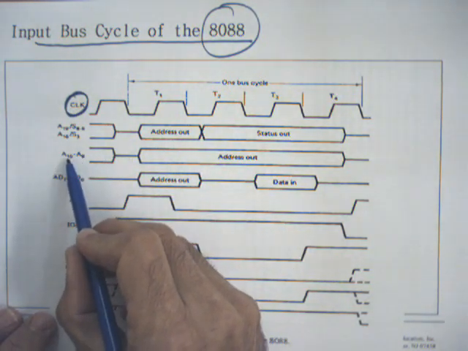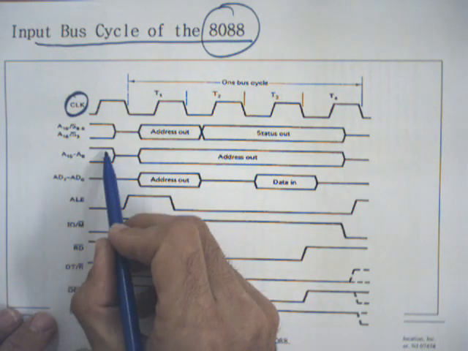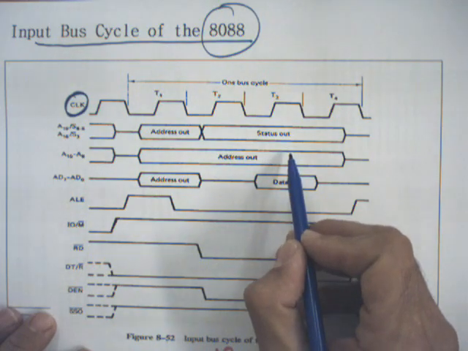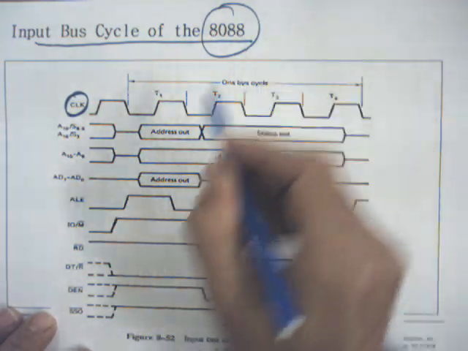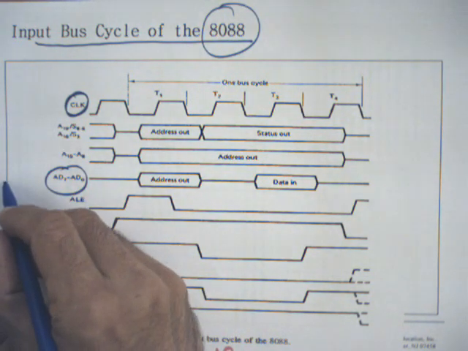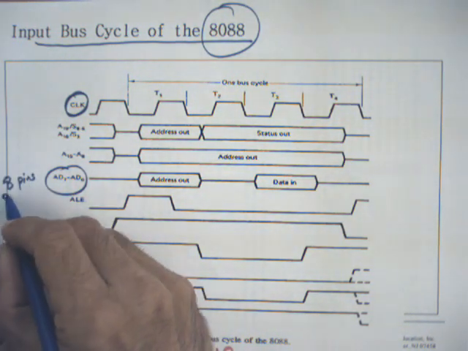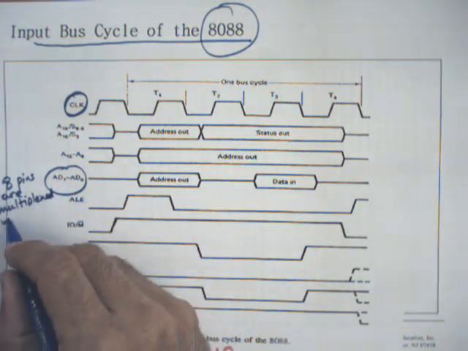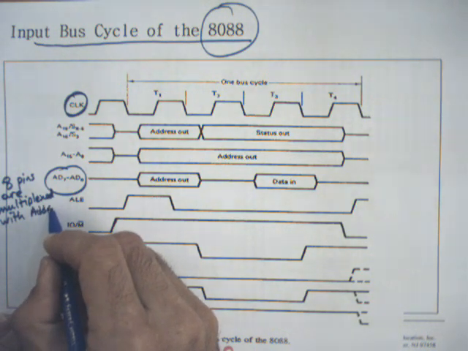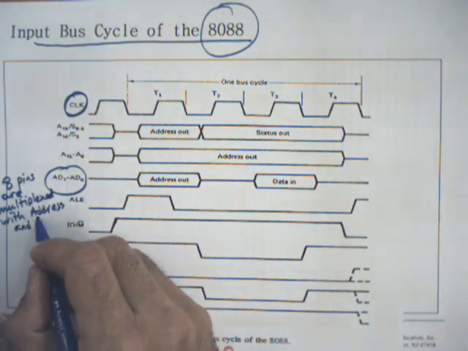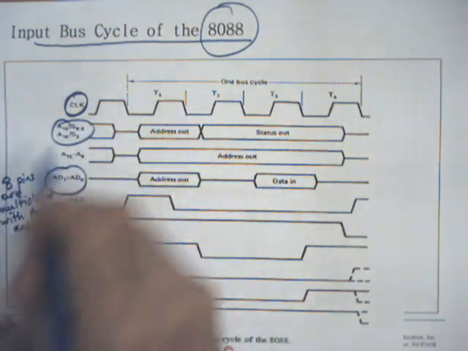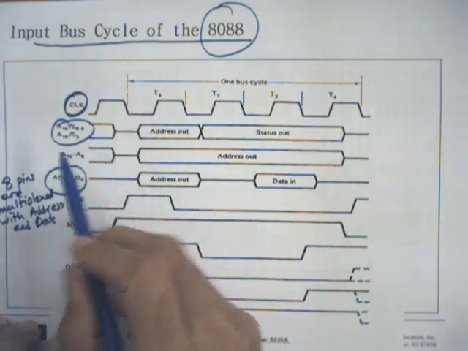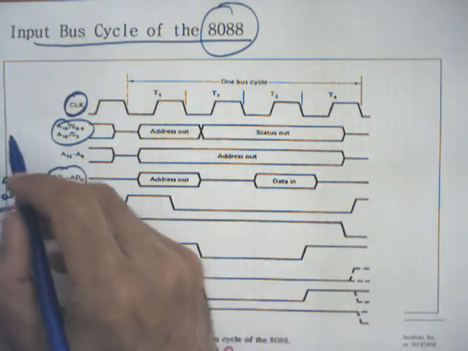And from A15 to A8, 8 address pins are directly taken out from the microprocessor. They are not multiplexed. 8 pins are multiplexed with address and data. There's a multiplexing here with address and control. Okay, so A15 to A8 are not multiplexed address lines.